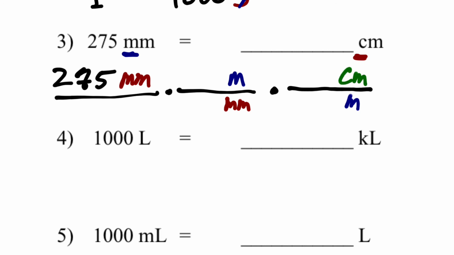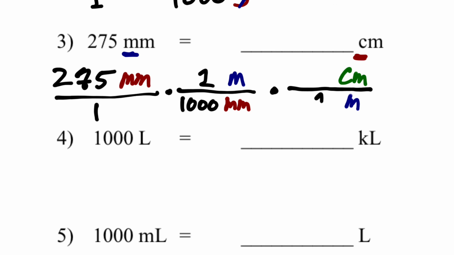The reason we need these 2 steps is that to go from one prefixed unit to the other prefixed unit, you have to cross through the base unit. In this case, meters would be the base unit. So if you have 275 millimeter over 1, you then have to figure out the relationship between milli and the regular unit. Actually it's 1,000 millimeter equals 1 meter.